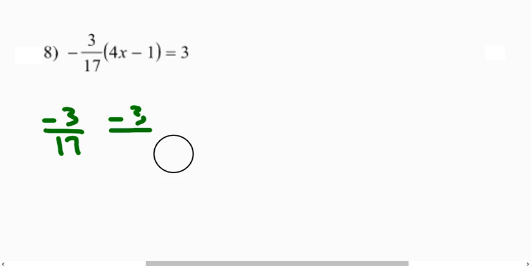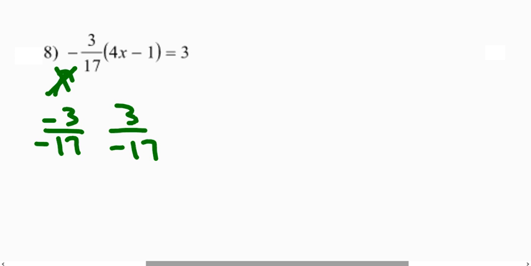So 3 over negative 17. One of them's got to be negative, the other one's got to be positive. If they're both negative, then the whole fraction's positive, and that's not what that says. It says negative. So it has to go with one or the other.